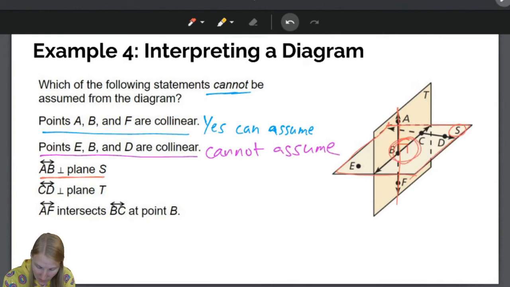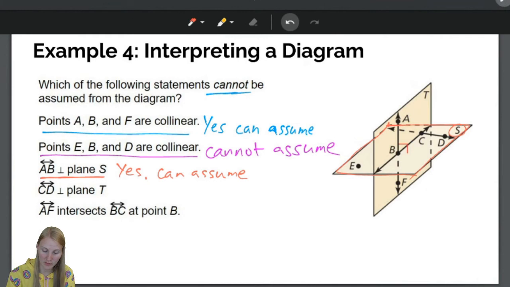Look at this. What is that? That's a right angle box. So yes, you can assume, because they give us that right angle box. If we didn't have this right angle box, you don't know. You have no idea if they're perpendicular.